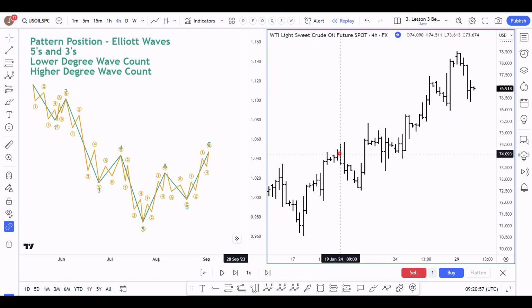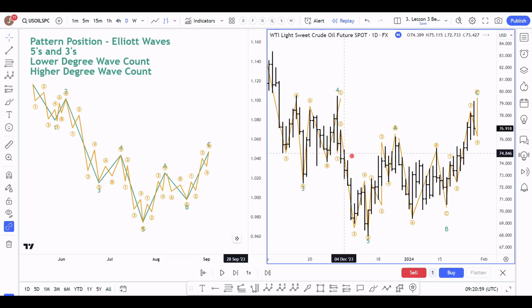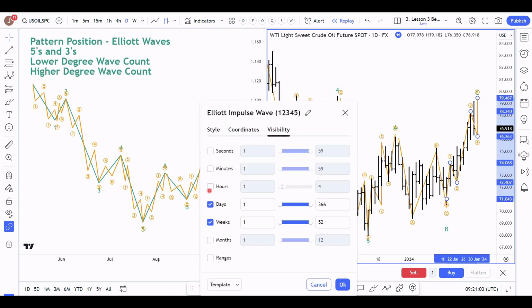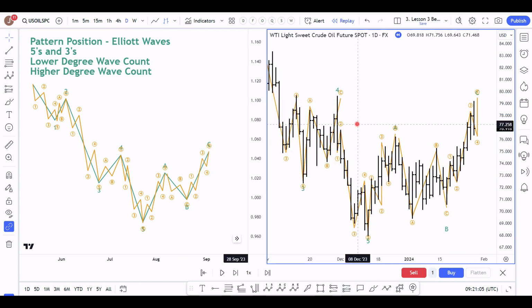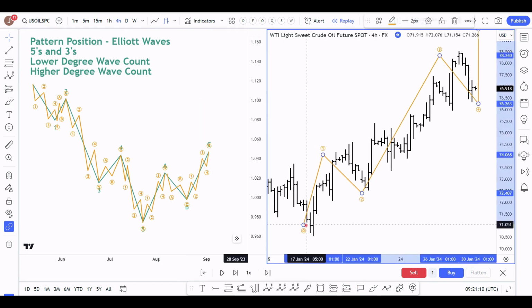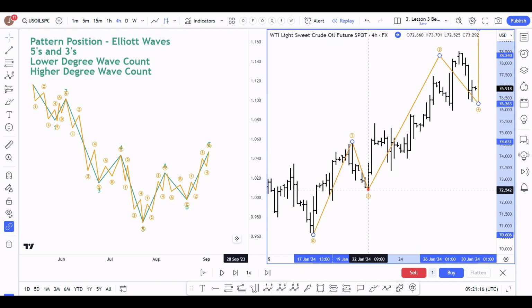Well, as you can see over here, if I just bring that back up, let's just make it visible. I just want to make this visible on the 4-hour chart as well, so we can see what we've drawn. And we can just pinpoint, we can say that's the wave 1. We can see a nice wave 2 up here and down here.